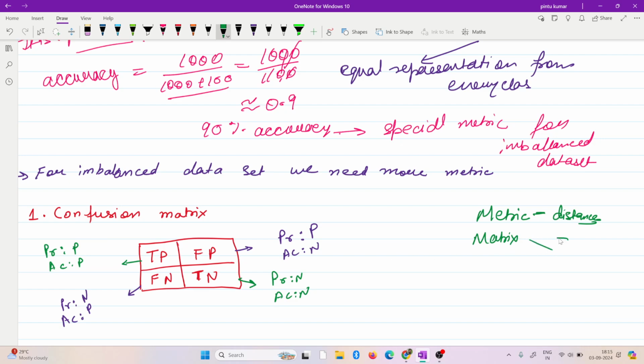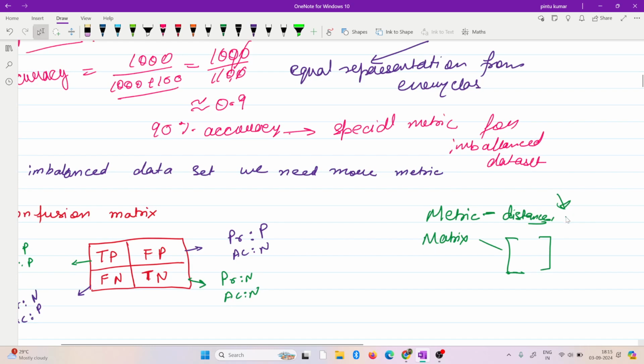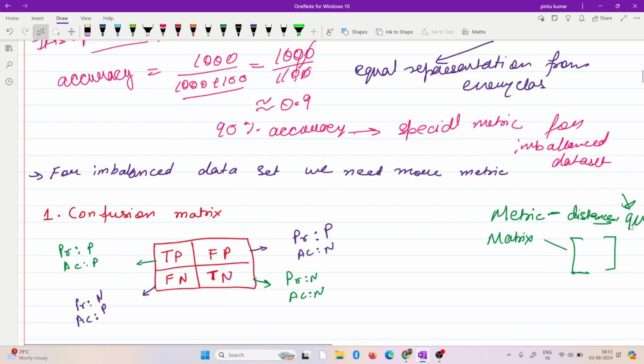A matrix is a two-dimensional representation of data, and metric is distance, or in the context that we are using, refers to quality. So accuracy gives you the quality of your classification model. One such classification metric is this confusion matrix.